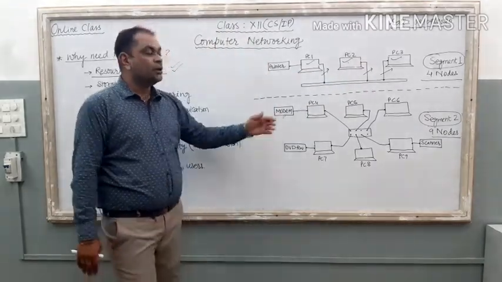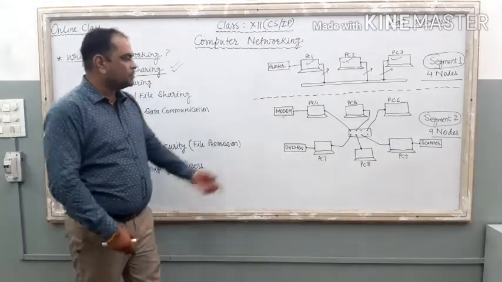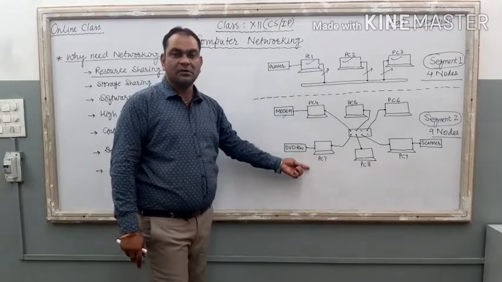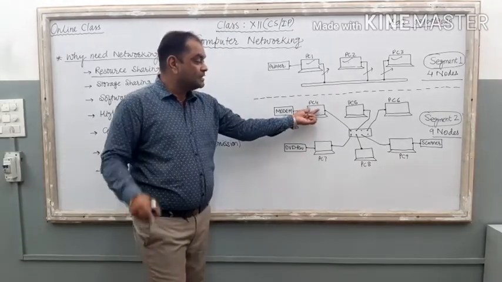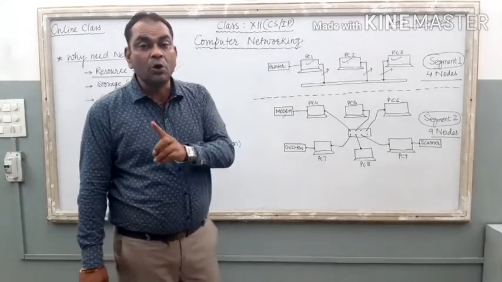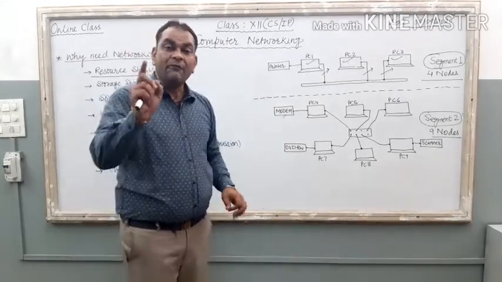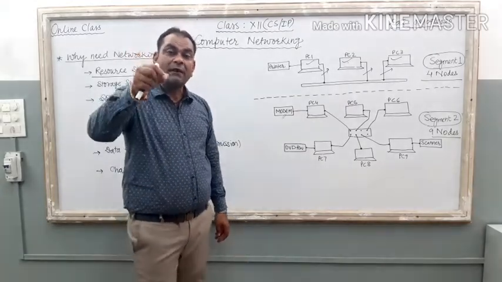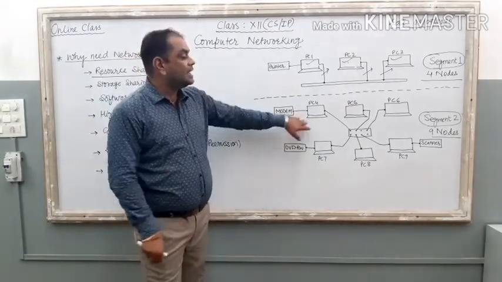Come to diagram number 2. Here one modem is connected with PC4, and there are a total of 6 computers. What is a modem? Modem is modulator and demodulator. If you want to access the internet on your computer, you require a modem attached with your PC.